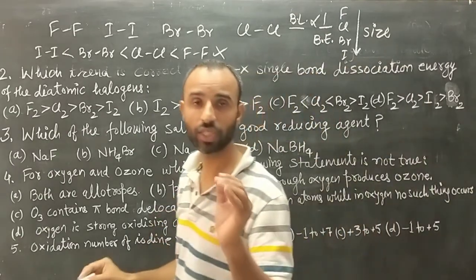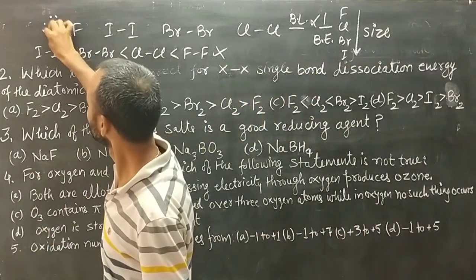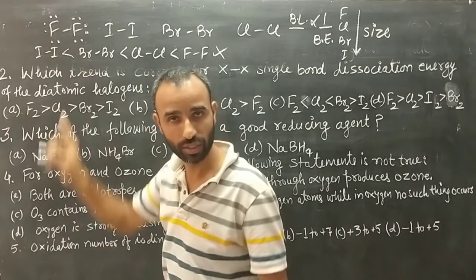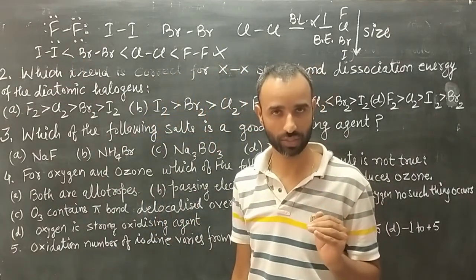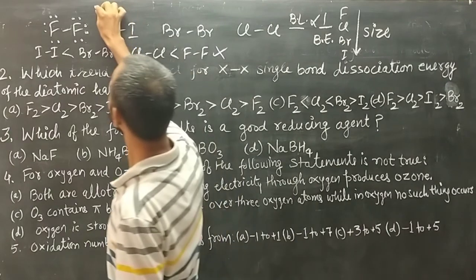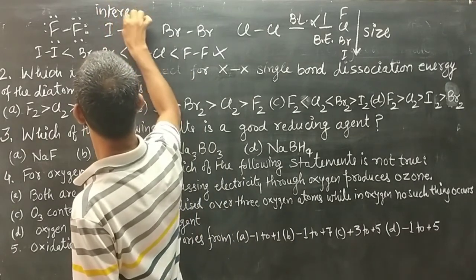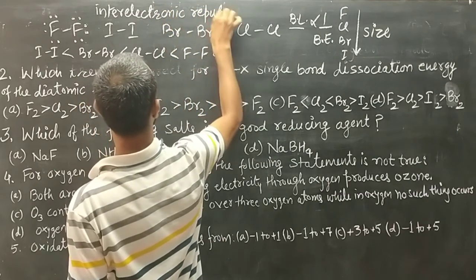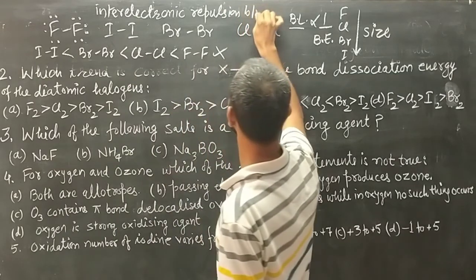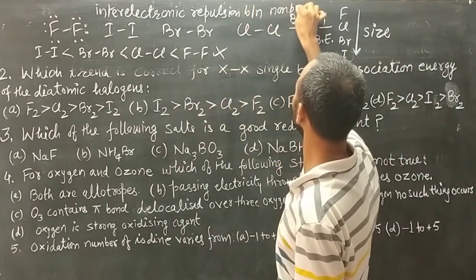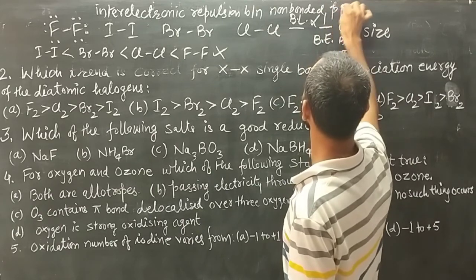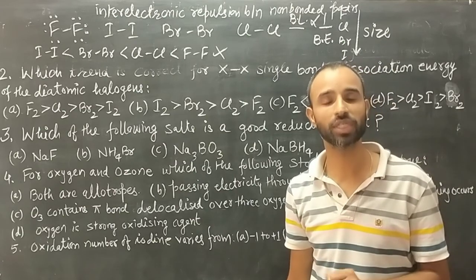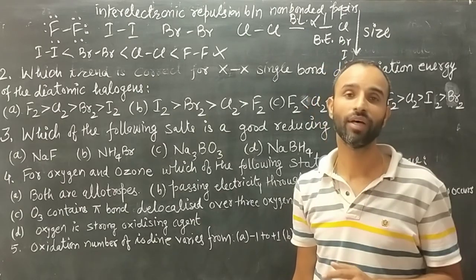Because of exceptionally small size of fluorine, there is large inter-electronic repulsion between non-bonded electron pairs, and because of this, F-F bond dissociation energy is less than expected.